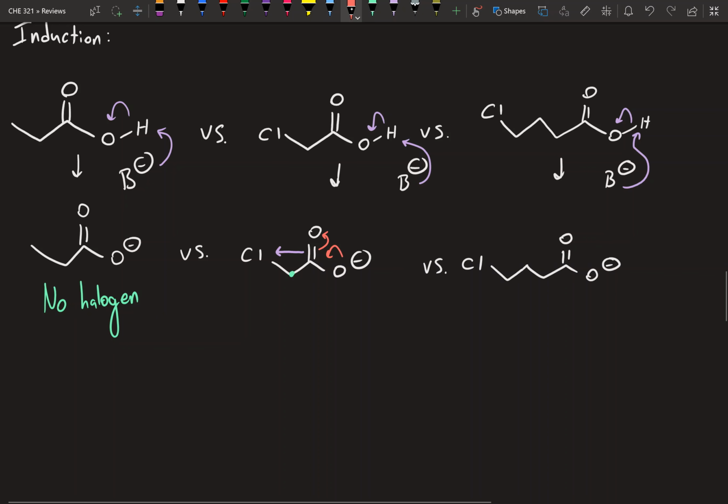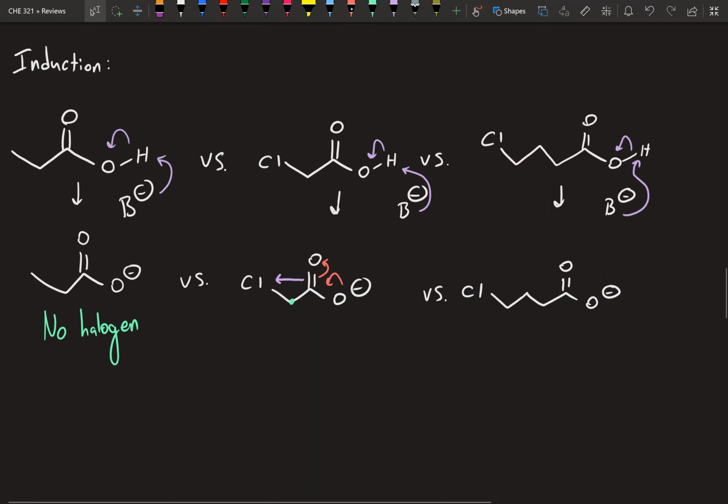The chlorine can now pull some of those electrons towards itself. So it's not going to resonate to the chlorine. We can't because there's a hydrogen there, right? But it's going to still be able to pull off some of the density to itself, all right? And so that does offer a stabilizing effect. So if we're comparing these two molecules, because this one has no halogen that can pull those electrons towards itself, it's not going to be as stable as this one.